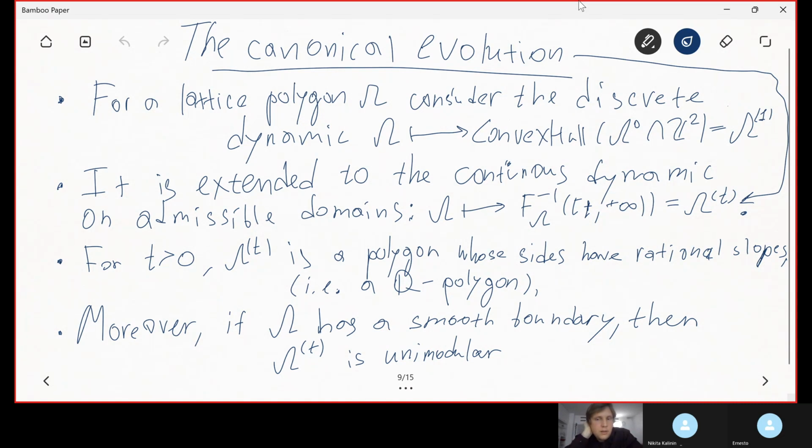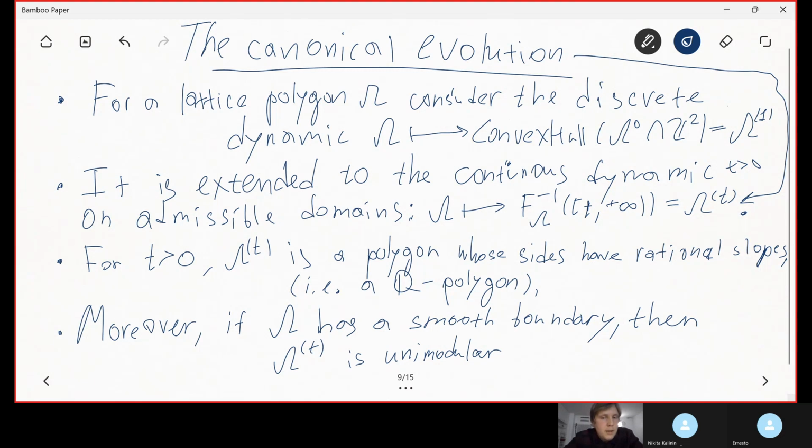The canonical evolution is a continuous analog of what I've just explained, and it's done just by taking the level sets of the tropical distance function, this f omega. So you take some t greater than 0, and you take the level set of this function f omega, and this we call omega t.